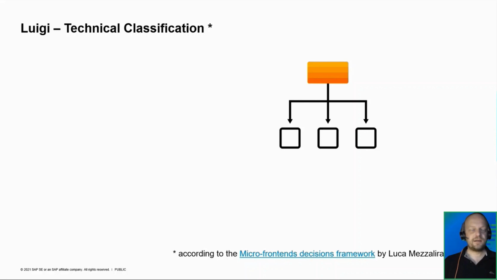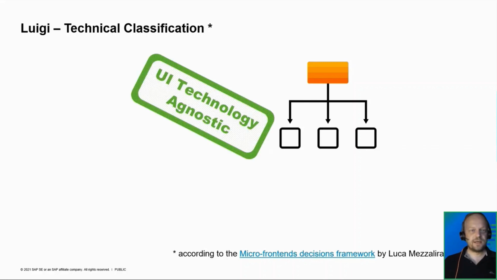And according to that, we now try to classify in which categories Luigi is. So first, as I already said, it's UI technology agnostic. That means it has all the benefits that we have discussed before.